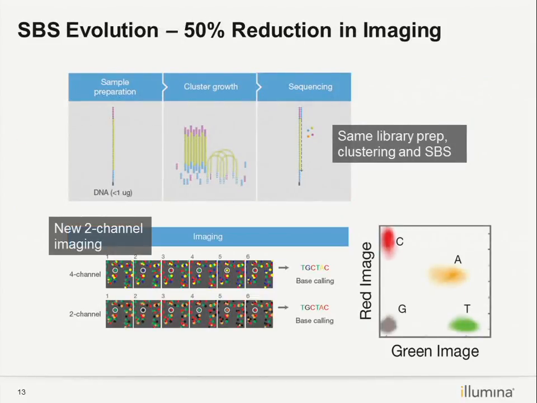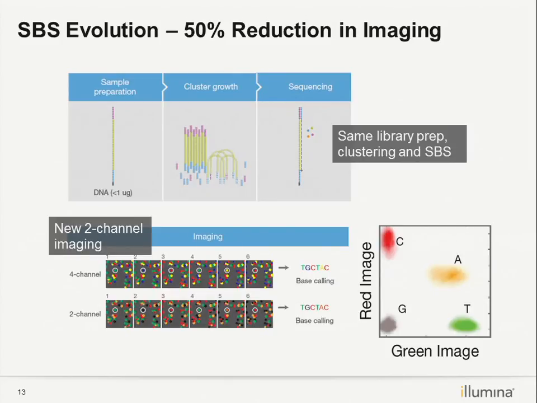Okay. So the main benefit of using 2-dye chemistry instead of 4-channel chemistry is to reduce the imaging time. If I'm using 4-channel, I have to capture 4 different fluorescence signals.